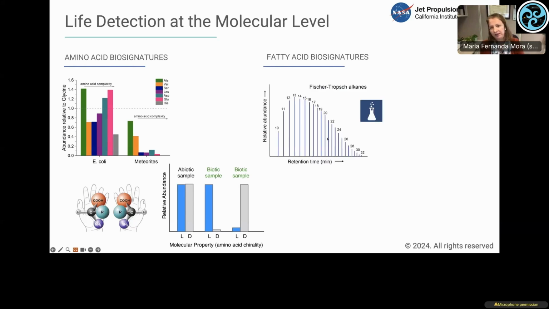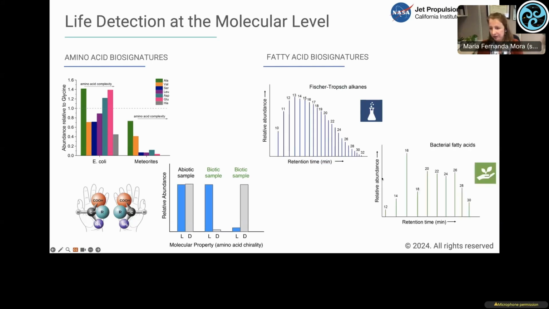And then for fatty acids, we look at the length of the carbon chain on the fatty acid. If you look at the reaction that is abiotically produced, you form pretty much every length of carboxylic fatty acid. There is no preference. But when you look at biological samples, we know that the fatty acids have to be a certain length to give the properties of the membrane for the cells.